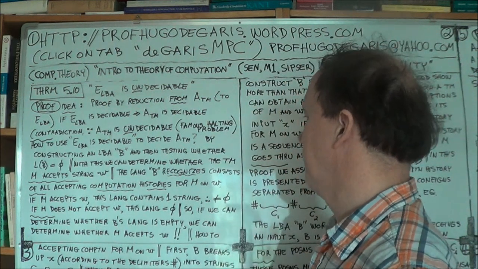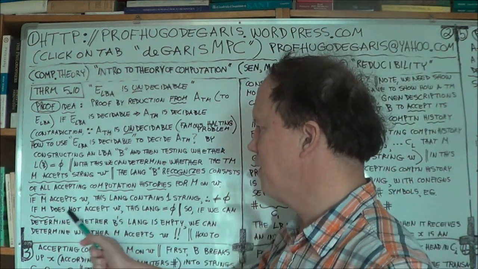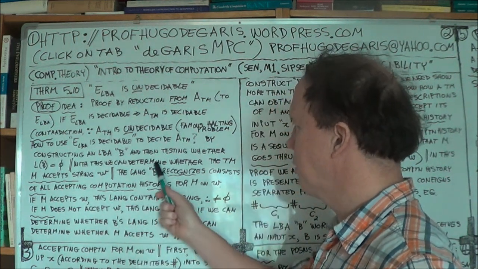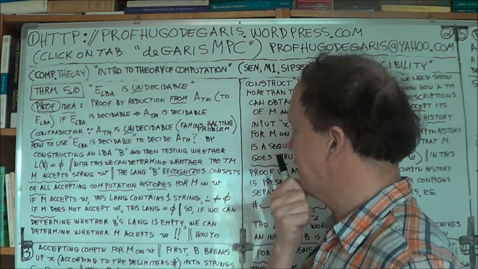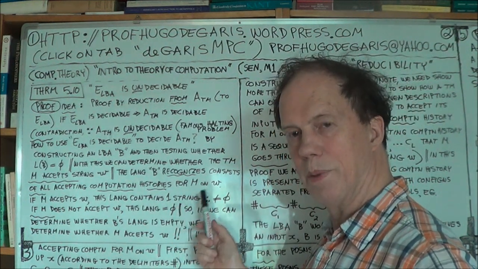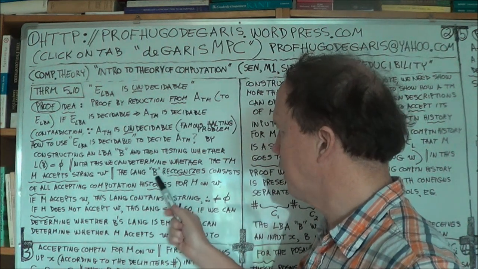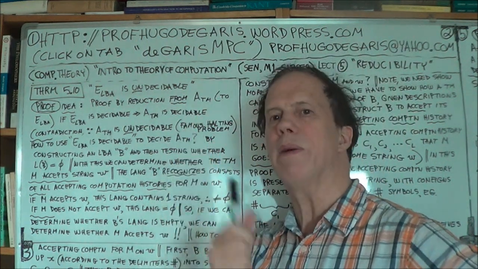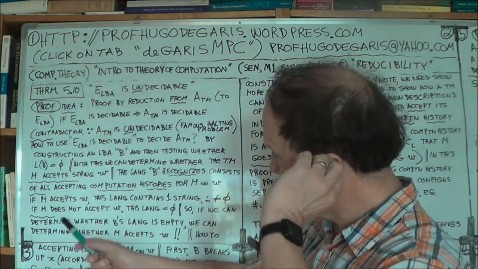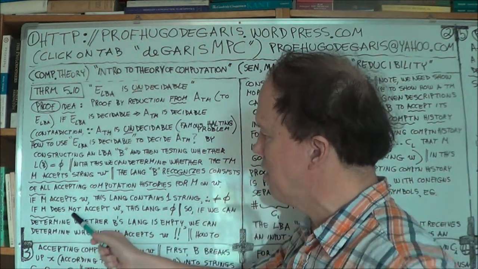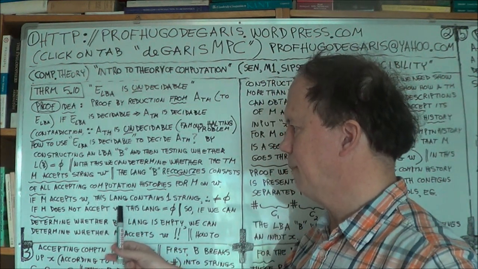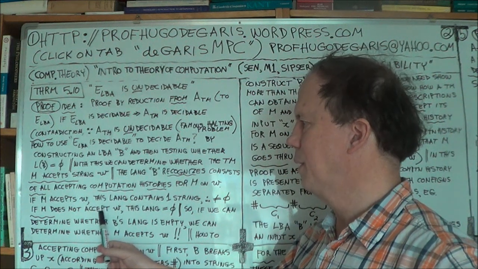Okay. Now, if M does not accept W, that's another possibility. Then the language that this one recognizes will be equal to the empty set, right? Because the language B recognizes has at most one member, so it's either 0 or 1. Now, if M does not accept W, there are two possibilities.